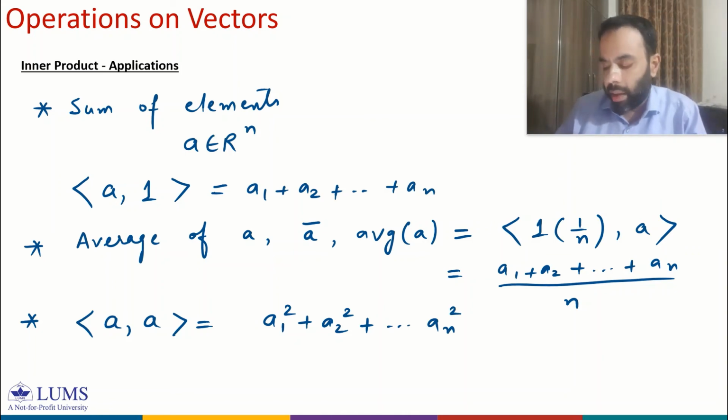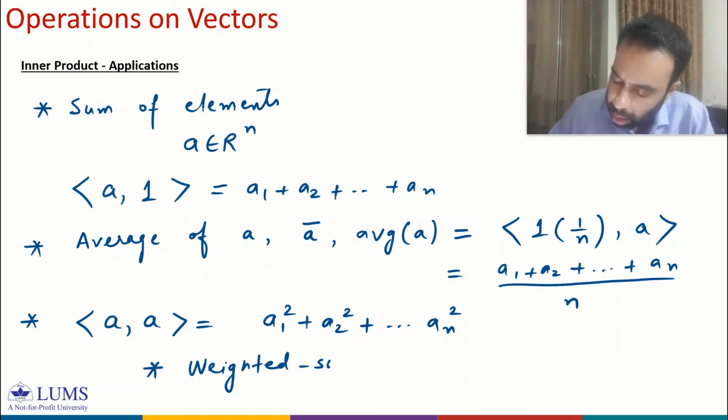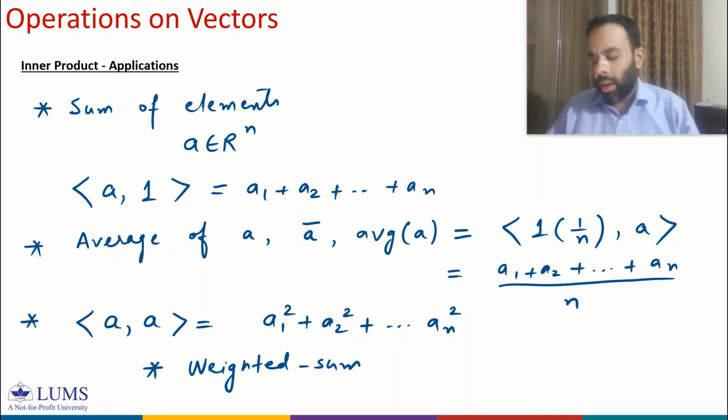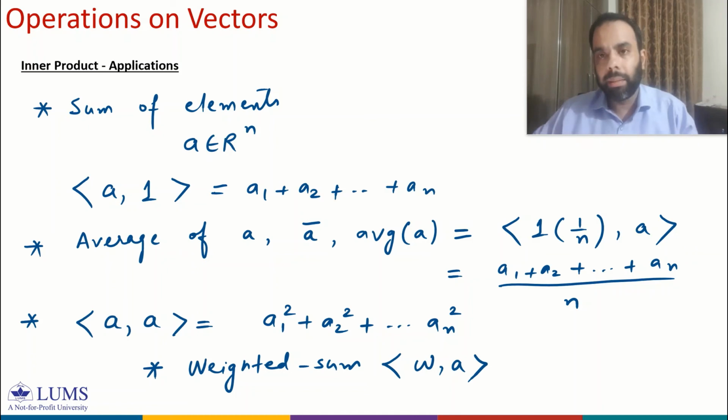And this can be generalized if you want a weighted average or a weighted sum. Say you want to assign a weight w1 to a1 plus w2 times a2 plus w3 times a3 and so on. And that is simply the inner product of w and a. This is another interpretation of the inner product.